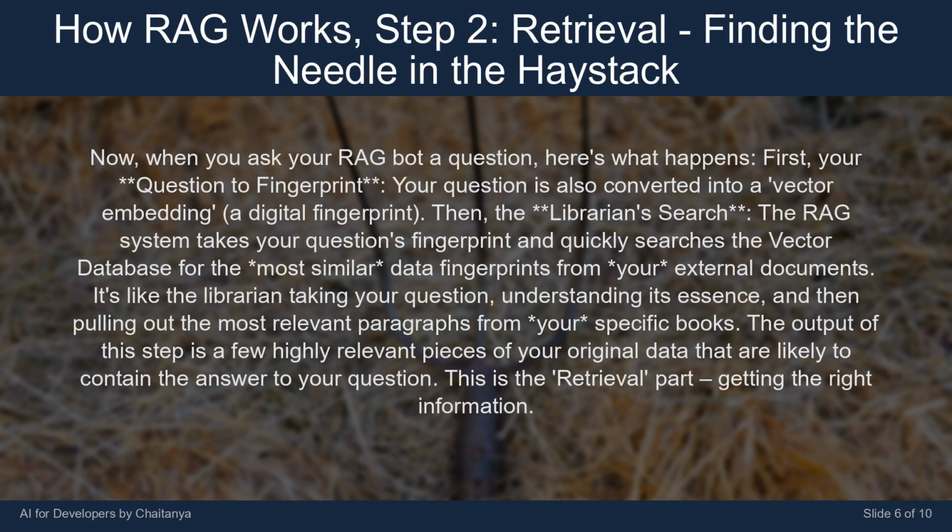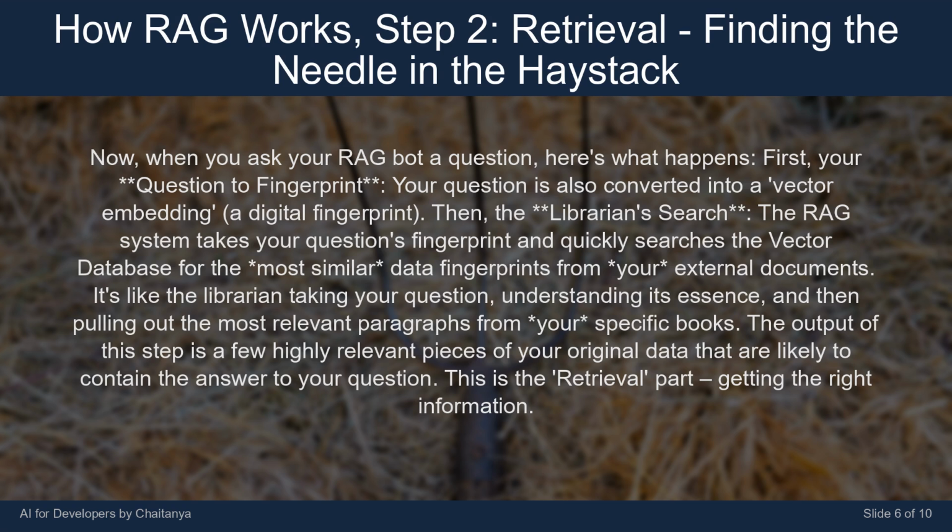Now, when you ask your RAG bot a question, here's what happens. First, your question to fingerprint. Your question is also converted into a vector embedding, a digital fingerprint. Then, the librarian's search. The RAG system takes your question's fingerprint and quickly searches the vector database for the most similar data fingerprints from your external documents.